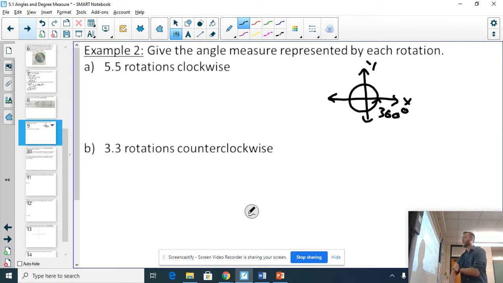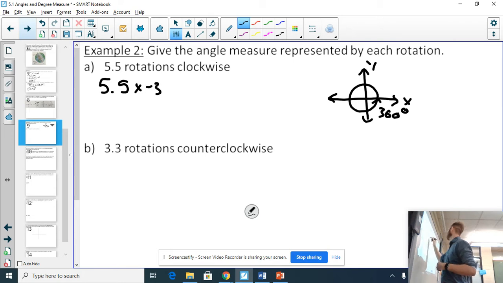So all we have to do is multiply these by 360 in essence. So we have 5.5 rotations clockwise, but remember clockwise, our angle is going to be negative, so we should multiply by negative 360 degrees.